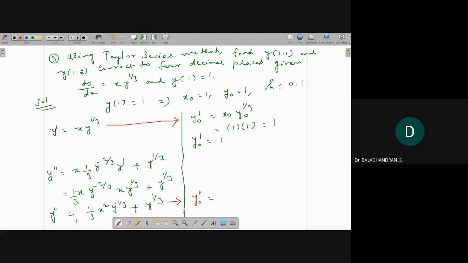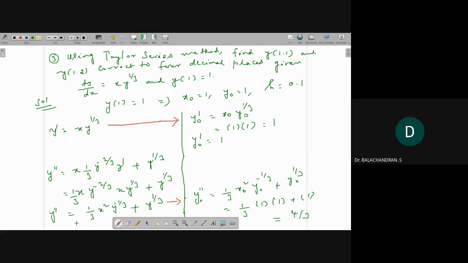So what is y naught double dash? 1 by 3 x naught square into y naught power minus 1 by 3 plus y naught power 1 by 3. So this is equal to 1 by 3. X naught is 1, y naught is also 1. So 1 by 3 plus 1 is 4 by 3.